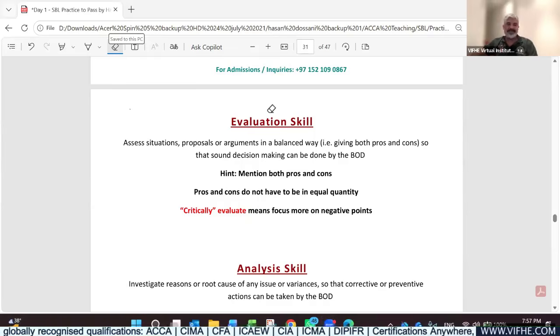Whenever the examiner says demonstrate evaluation skill, make sure that you include all the sides, the positive points as well as the negative points. As simple as that. If you include both positive points and negative points, automatically you will get professional marks.